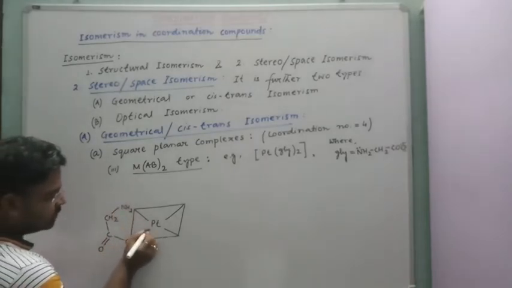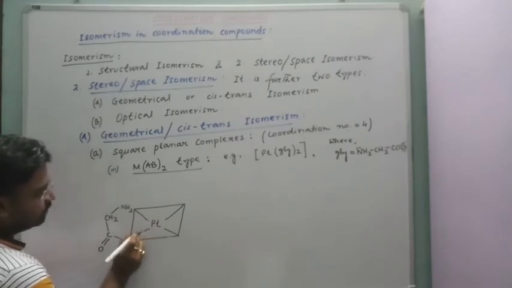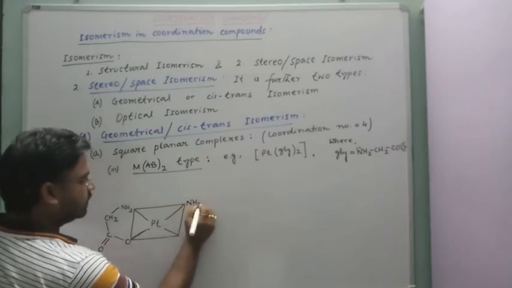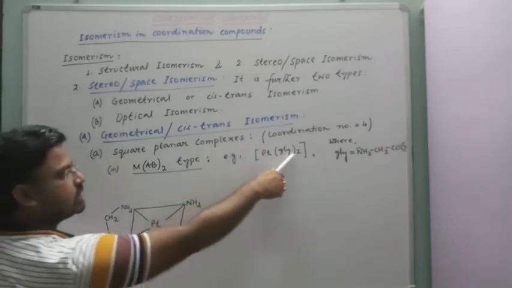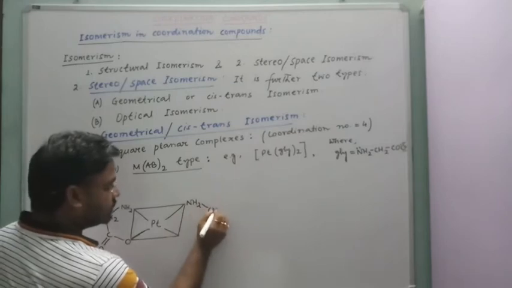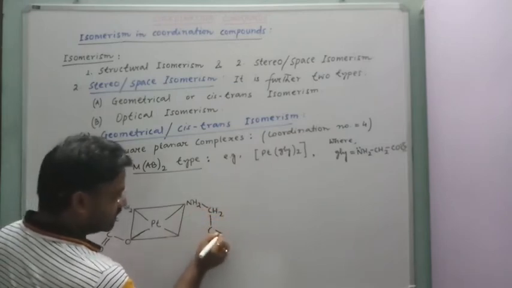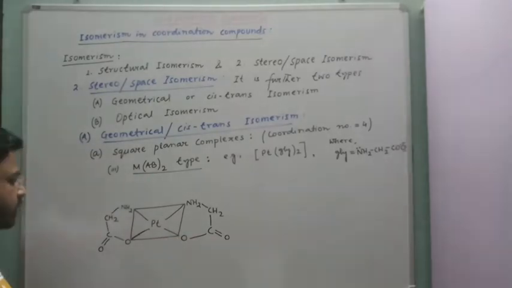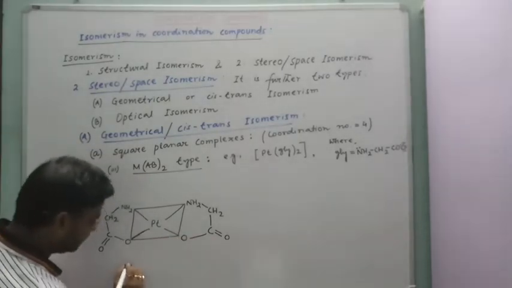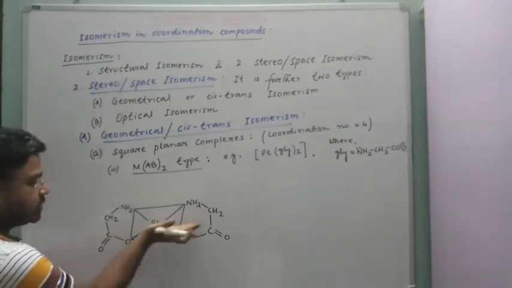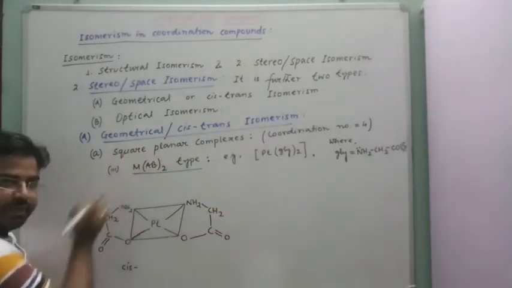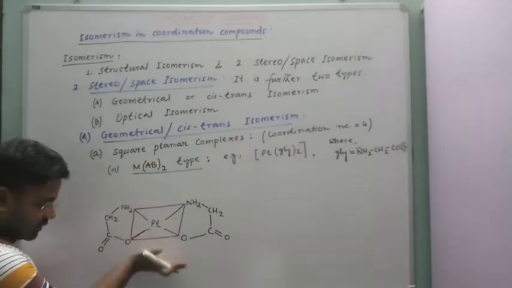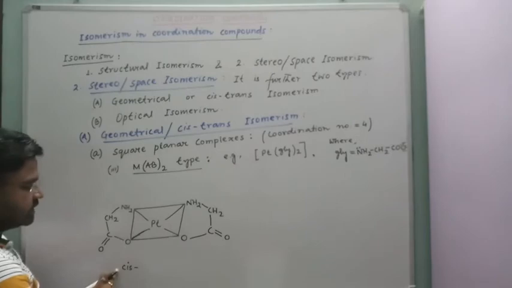Oxygen forms one coordinate bond with platinum. Similarly, NH2, this is one glycinate ion, glycinate is 2, CH2C double bond O, O. So this is cis. Why cis? Because both the NH2 are in the same plane. Both oxygen are in the same plane. So this is cis.